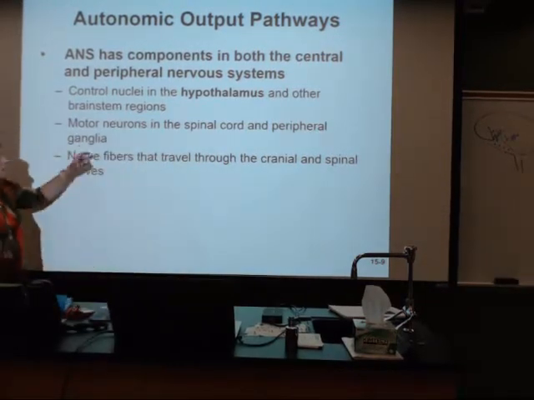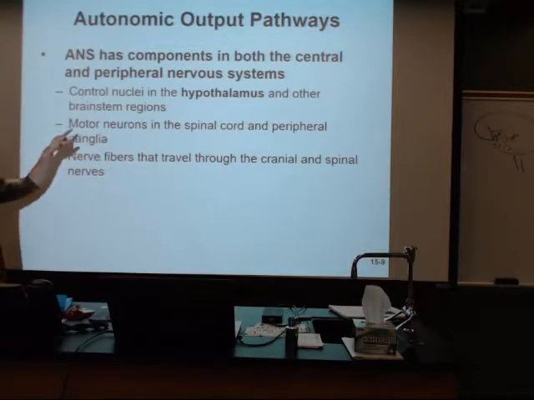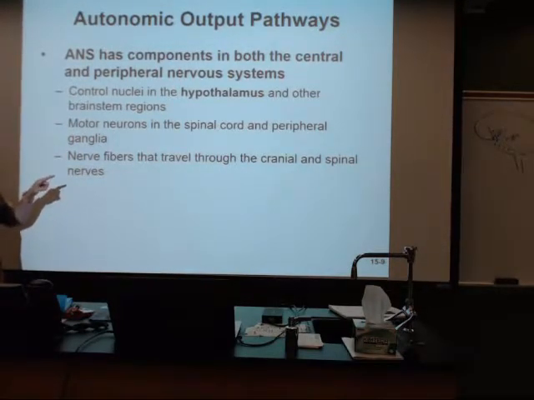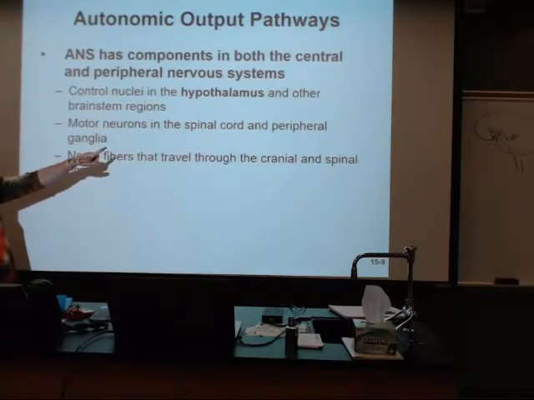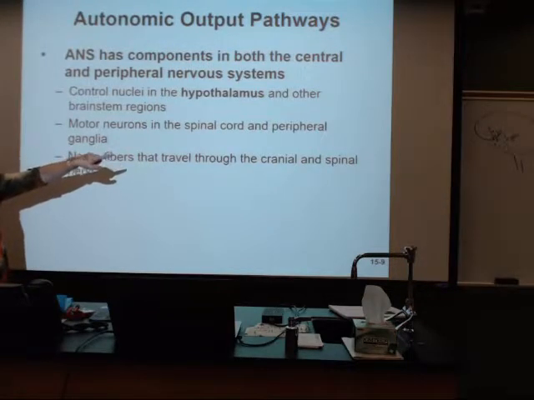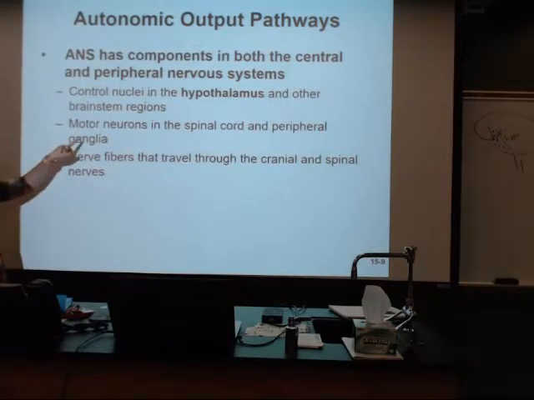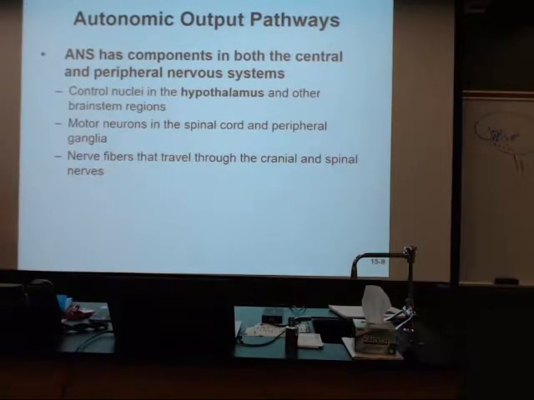So, motor neurons, you guys remember those? Motor meaning did something. We're going to have motor neurons in the spinal cord and peripheral ganglia. What did you say ganglia were? An area of dense nerve cell body.